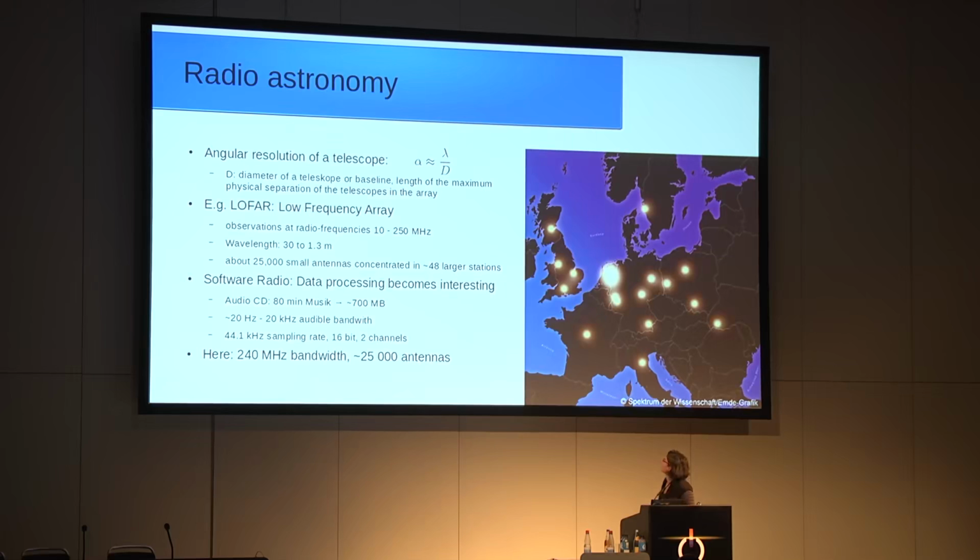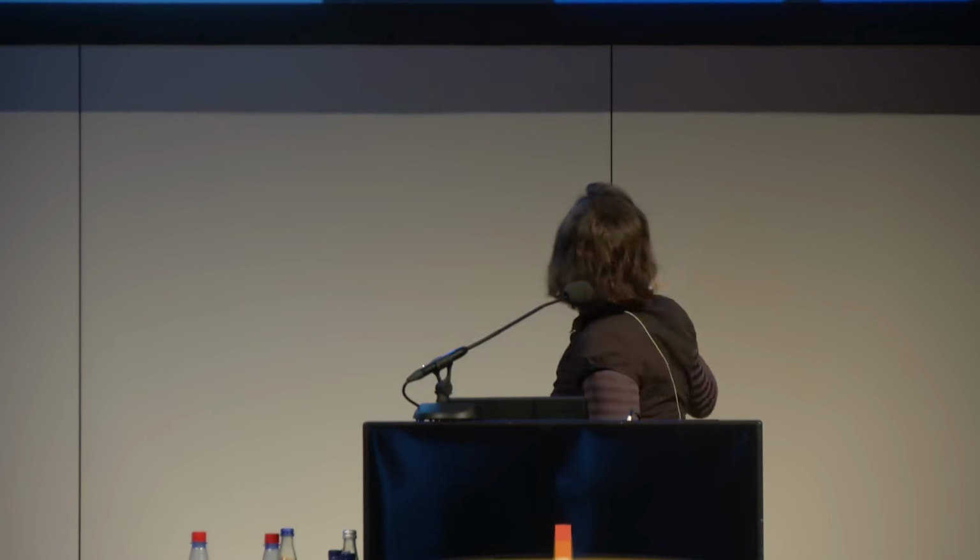In total, it's around 25,000 small antennas, concentrated in 48 large stations. They are also still building new stations. I think the last one was last summer. They built the latest station in Germany near Bremen or Bremerhaven, something like this. Within LOFAR, the angular resolution goes down to 0.21 arc seconds, and the widest baseline is something like 1,000 kilometers, at the highest frequency.